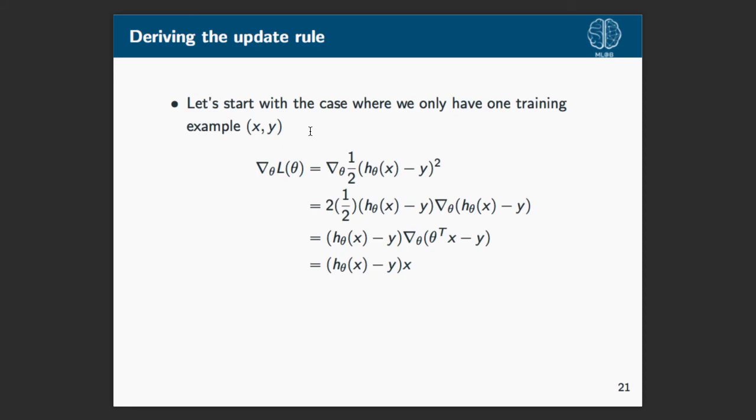Okay, and now from this third line, this is a bit of vector calculus, but basically this part is the gradient with respect to this minus the gradient with respect to this. y doesn't depend on theta, so it's like taking the derivative of a constant, which is just 0. And the gradient with respect to theta of theta transpose x is just x. That's like if you had a function a x and took the derivative with respect to x, that would be a.